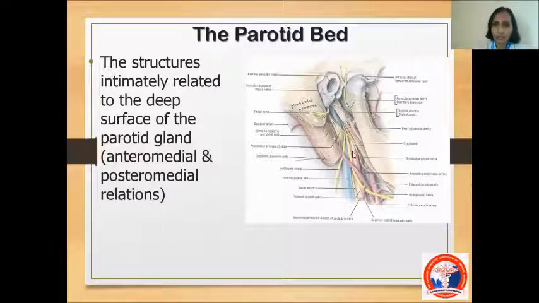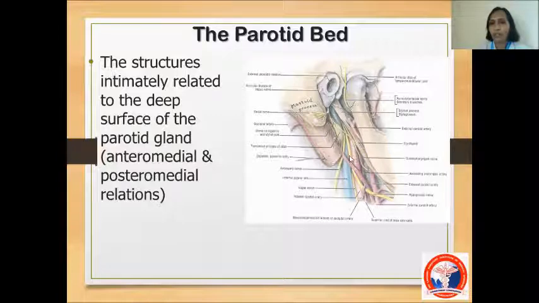The other structures which are seen here are the vagus nerve along with the internal carotid artery and internal jugular vein. The glossopharyngeal nerve, or the ninth cranial nerve, is seen here in relation to the internal jugular vein.